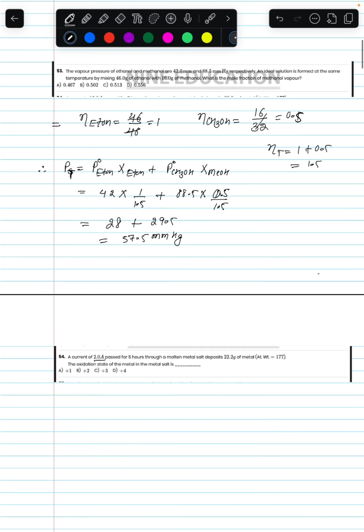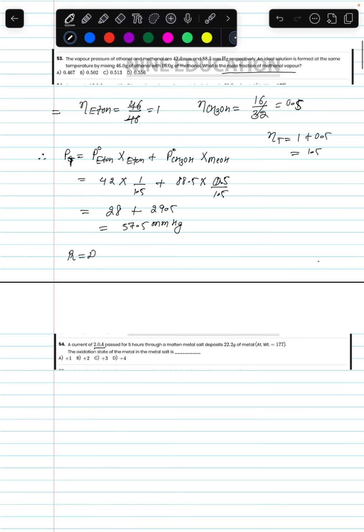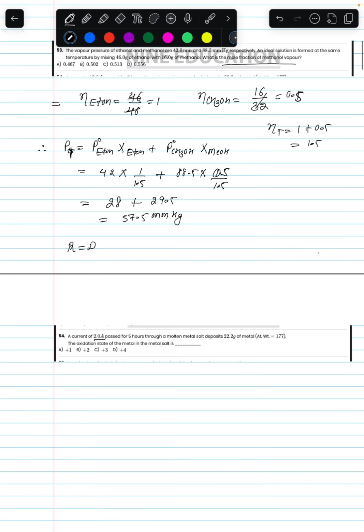We have to calculate mole fraction of methanol in vapor phase. So as we know, Raoult's law is equated to Dalton's law. So according to Raoult's, what is the pressure of methanol? That is P naught, vapor pressure of pure methanol, into mole fraction of methanol in liquid, and according to Dalton's, total pressure into mole fraction of methanol in vapor phase.